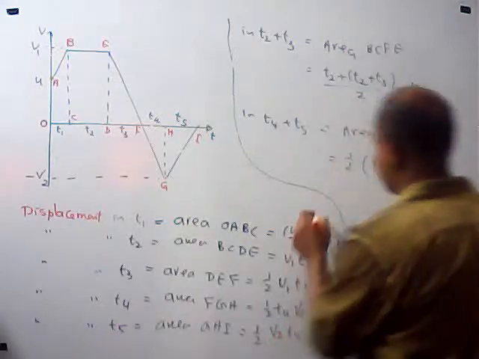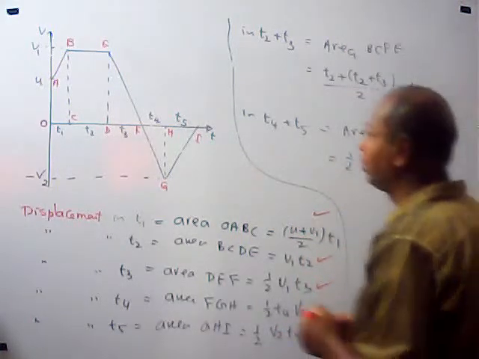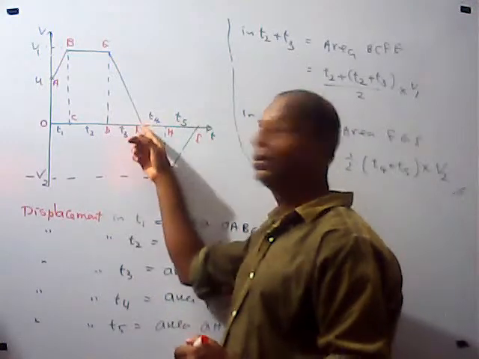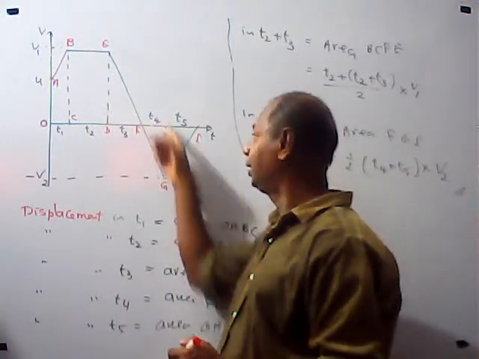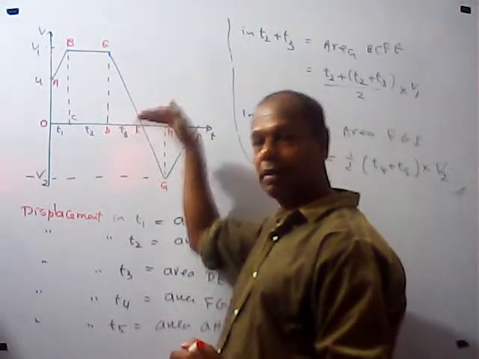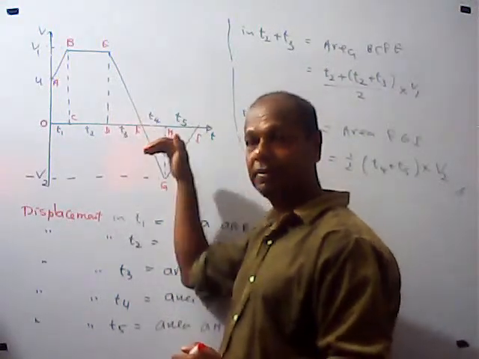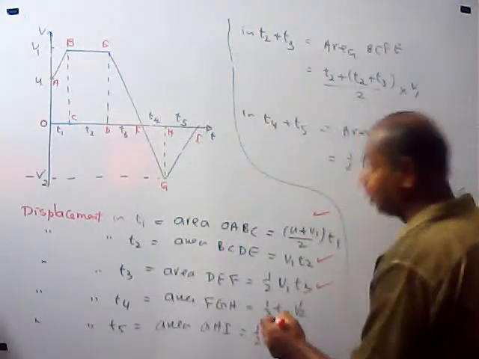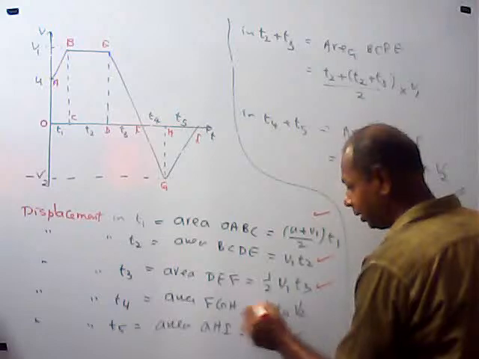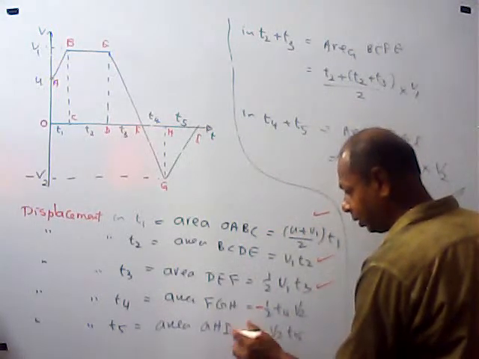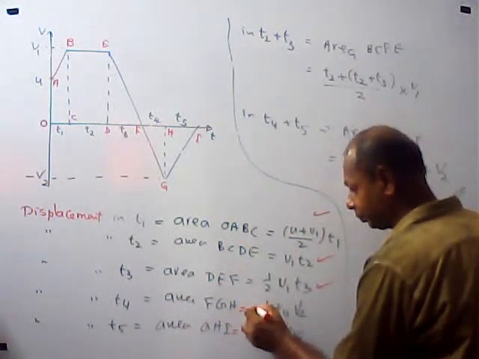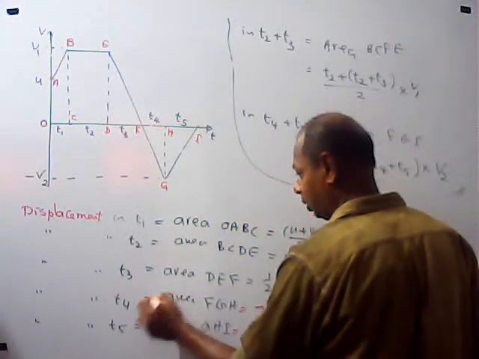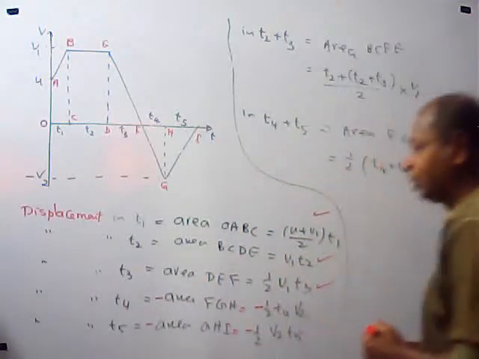But when you come to T4, distance is the area, but displacement is the negative of the area, because the graph is below the time axis, velocity is negative, so the displacement has to be negative. Here in T4 and T5, they have to be negative. Negative of the area. So that's the difference.